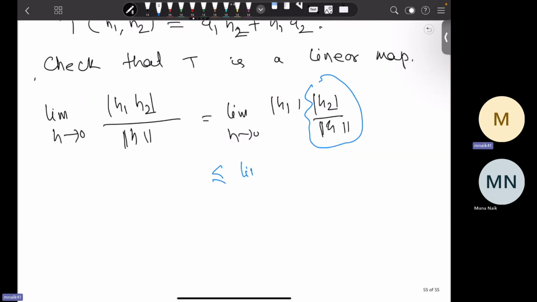So this is the limit as H tends to 0 of norm of H1. What is H? H is equal to H1 comma H2. That means if H goes to 0, then the limit as H tends to 0, H1 is equal to 0.